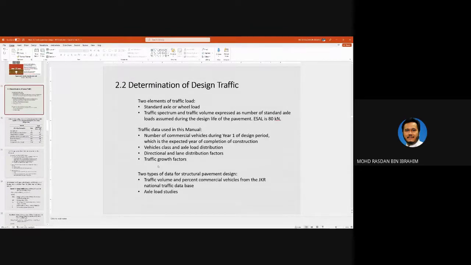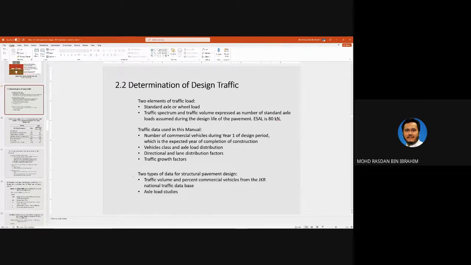Okay, two types of data for structural pavement design: traffic volume and percent of commercial vehicles from the JKR National Traffic Database. So I suppose that you are very familiar with this data, especially for those who have taken the elective subject, highway design and road safety audit. Yeah?